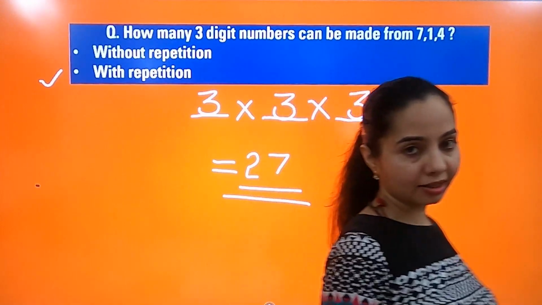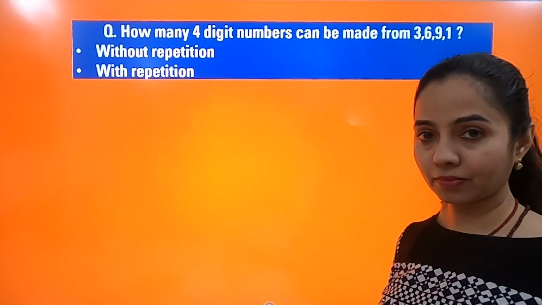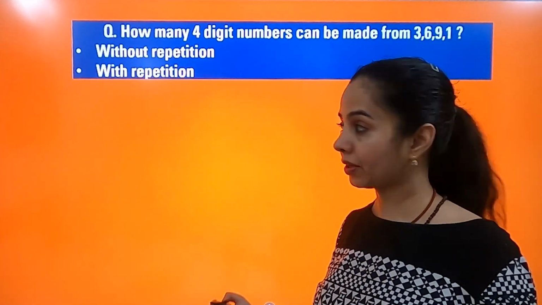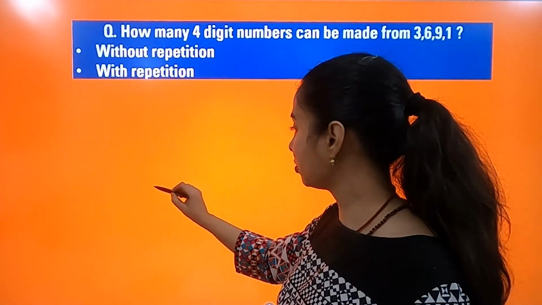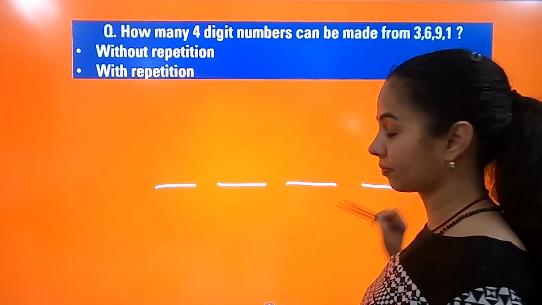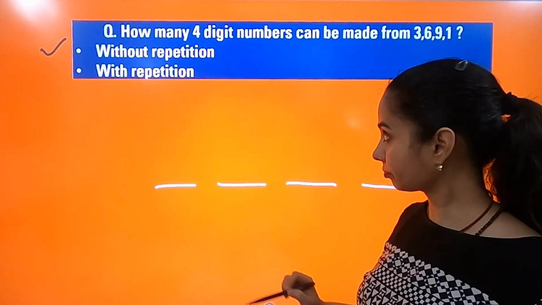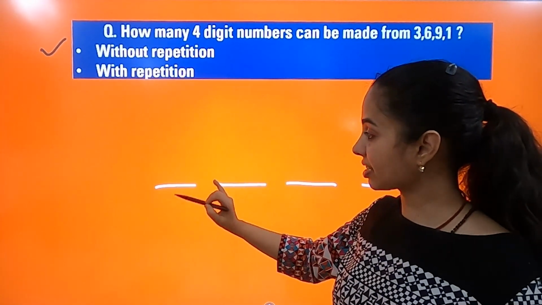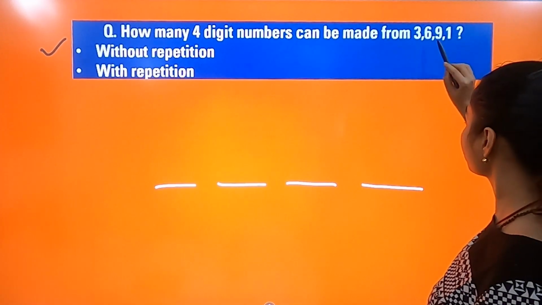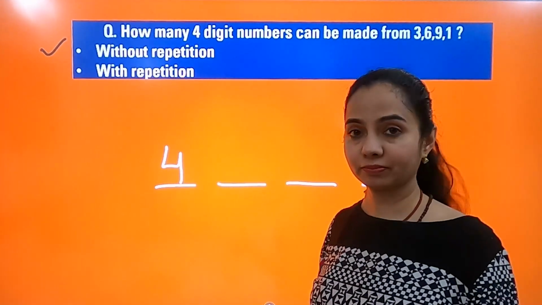So let's take another example of 4-digit. How many 4-digit numbers can be made from 3, 6, 9 and 1? This time, first we'll do without repetition. How many options do I have for the first place here? I have 4 such options.